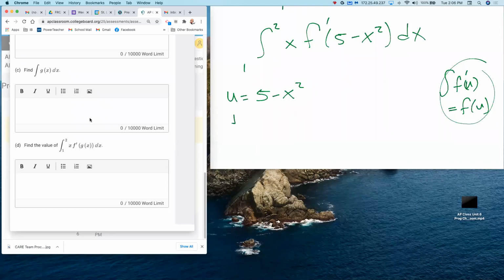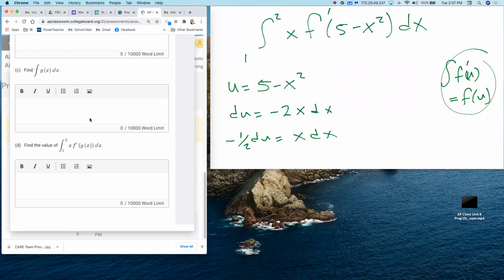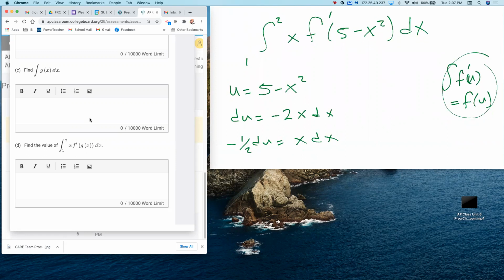Now, if you then say, okay, well then du is negative 2x dx, so negative 1/2 du is equal to x dx. You're not quite there at the second point on this, but you can see that if I highlight the things that I have here, u is going to go in for that. And negative 1/2 du is going to go in there.